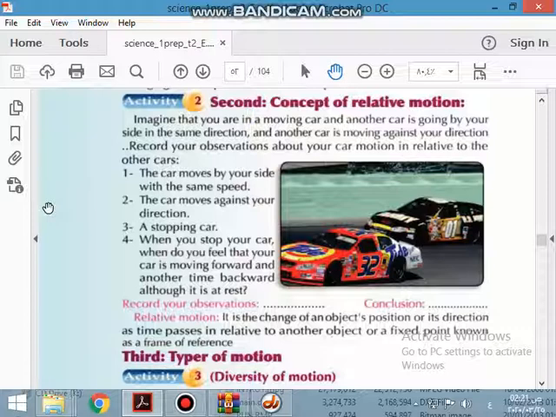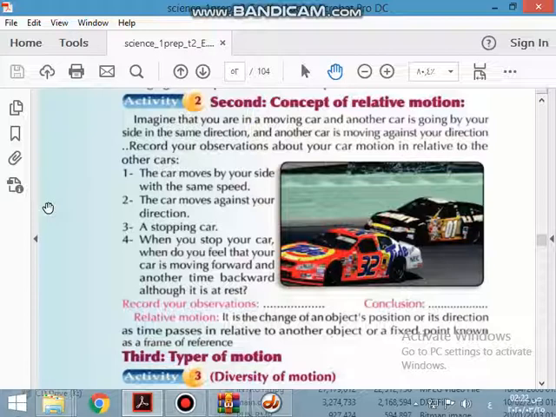Number 2. If your car moves in an opposite direction to another car, what will you observe? You will imagine that the other car moves at a high speed. What about if you are in a stopping car?